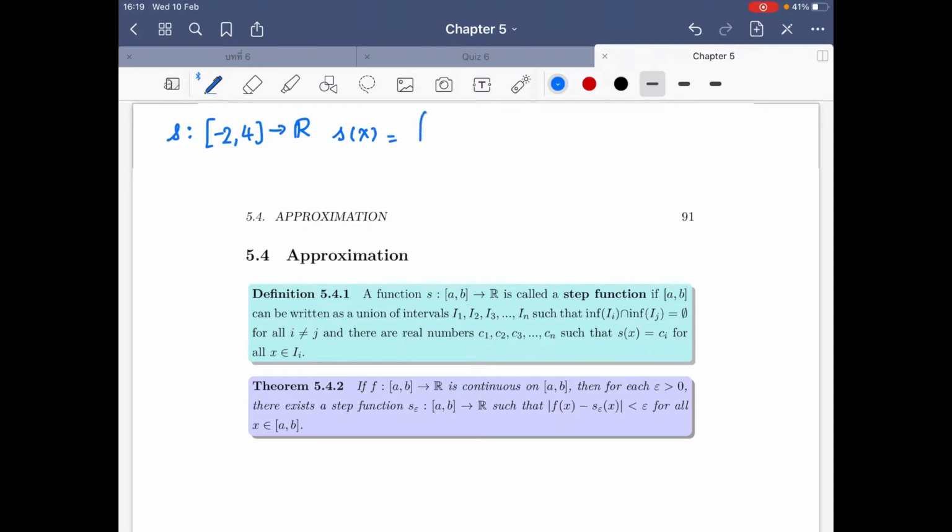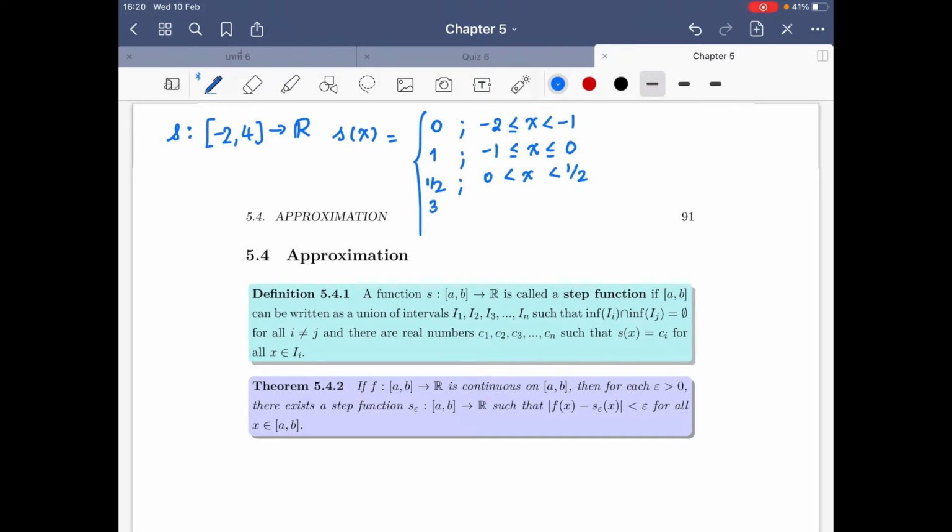s is defined piece by piece: 0 if x goes from -2 to -1, and it can be 1 if x is from -1 up to 0, and it can be 1/2 if x is greater than 0 and less than 1/2.